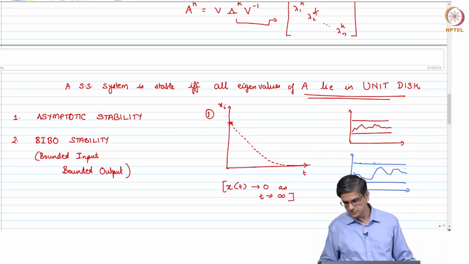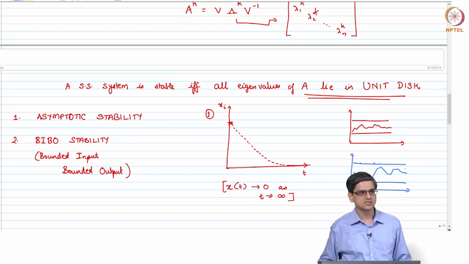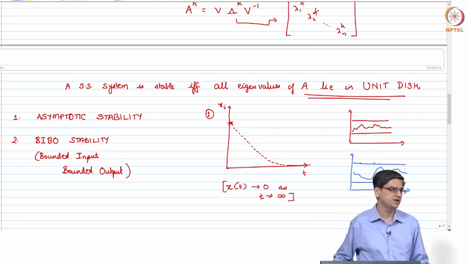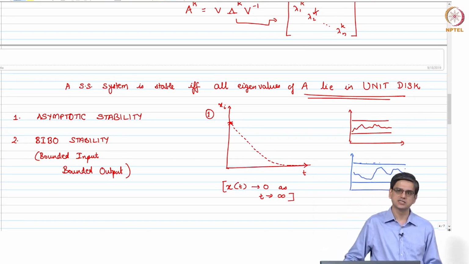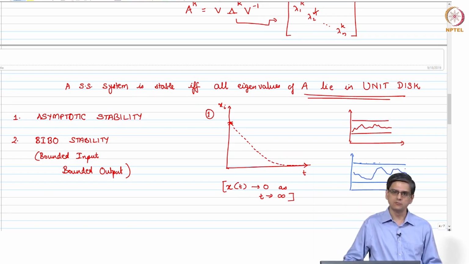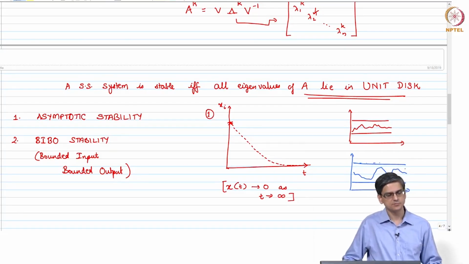BIBO stability for LTI systems is a much stronger concept than asymptotic stability. What I mean by that is any system that is asymptotically stable will always be BIBO stable. But there can be a system that is BIBO stable but not asymptotically stable.